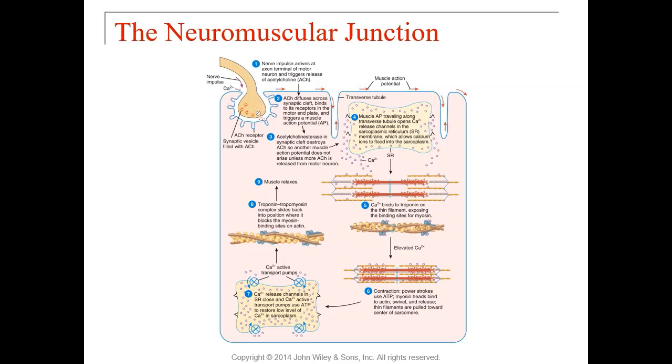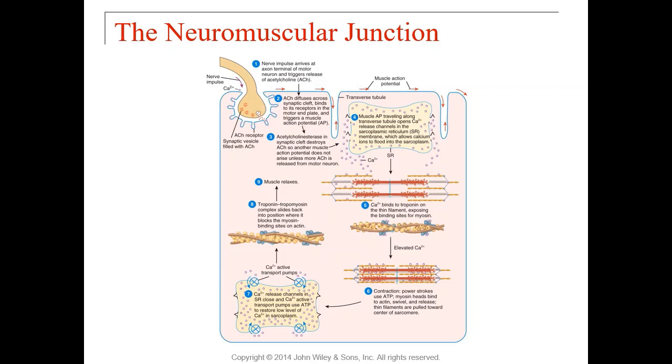Then step 4, calcium will bind to troponin, causing troponin and tropomyosin to move away from the myosin binding sites on actin. Then step 5, myosin heads will hydrolyze ATP to form the cocked position.